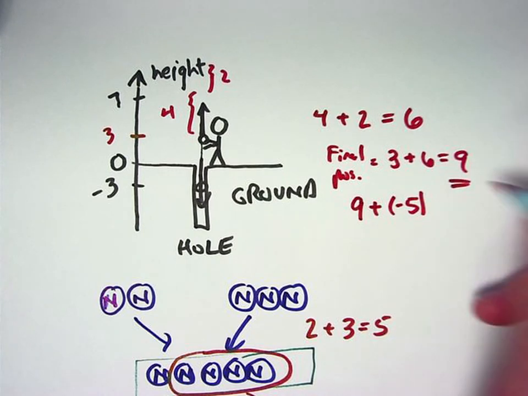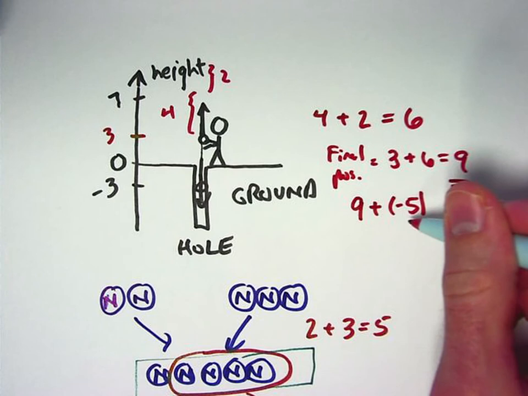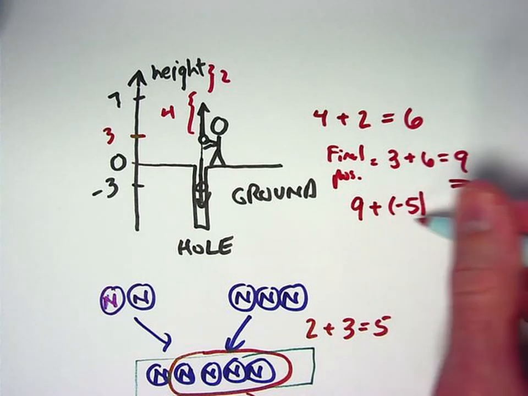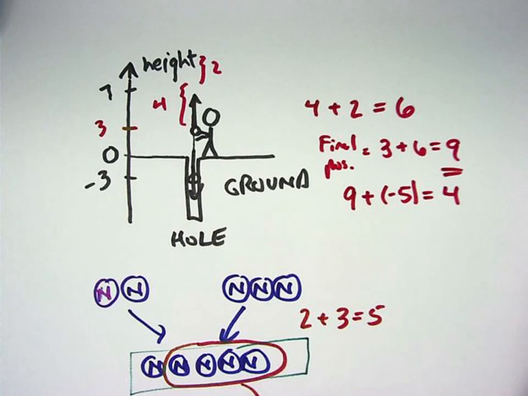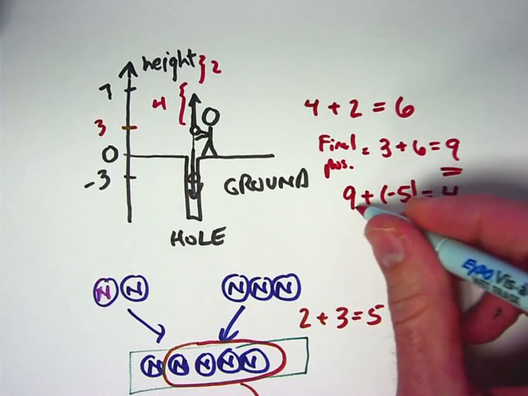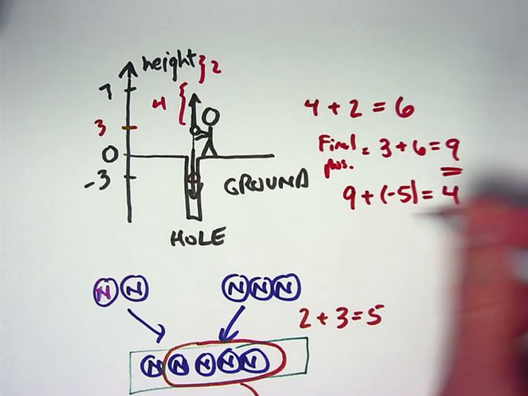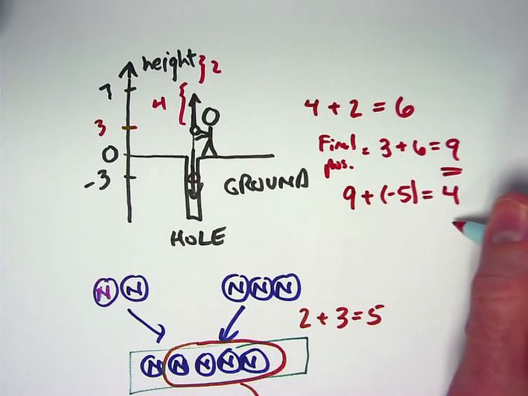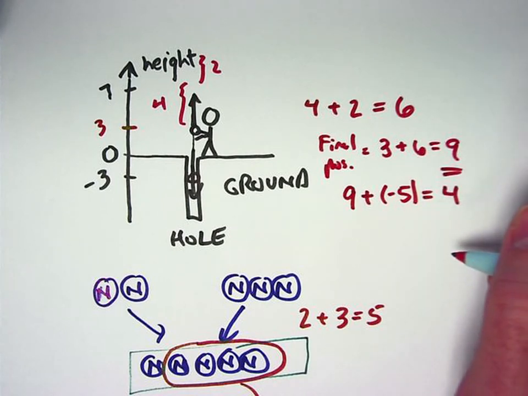So in this particular application, you're thinking of adding either a positive or a negative. You would add a positive if it goes up, and you'd add a negative if it goes down. In the end, it would be at position 4 feet high if it is at the top at 9 feet and it goes down by 5. This equation can be interpreted as saying it's 4 feet high after it has fallen down another 5 feet.